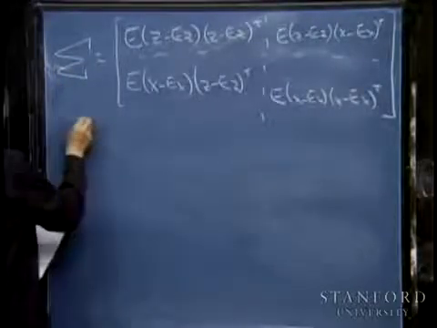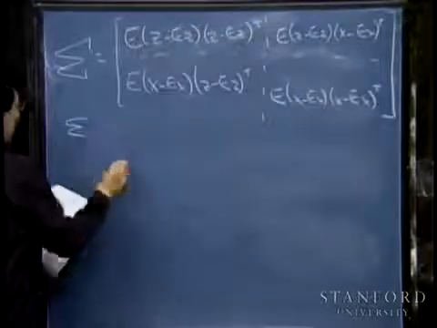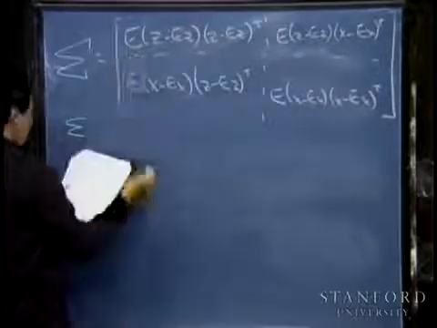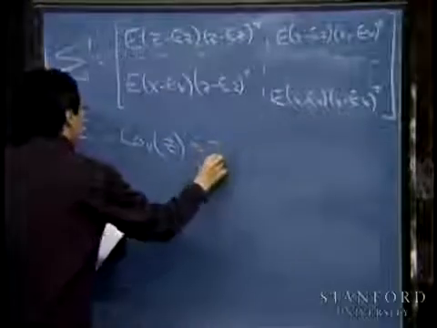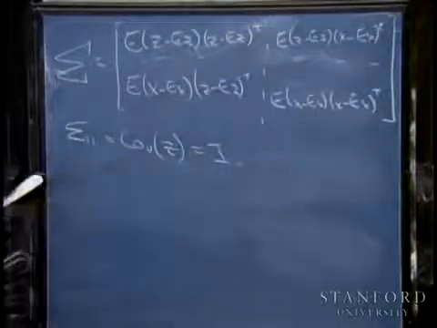The upper leftmost block, which I write as sigma 1,1, is just the covariance matrix of Z, which we know is the identity.